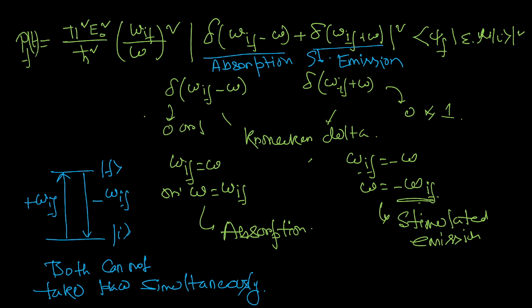There are three parts in the case of absorption: the first part gives you the intensity, the delta function gives you the FWHM or line width of the absorption spectra, and this other part is already known, it gives you the selection rule. The second thing that we will show in the next lecture: till now we are considering discrete absorption from I to F. Now what will happen when F is embedded with so many excited states?